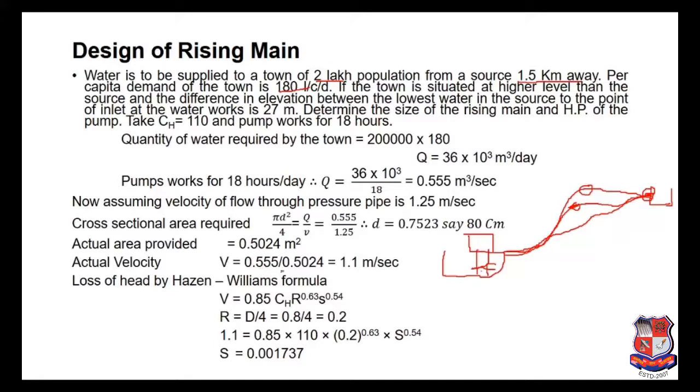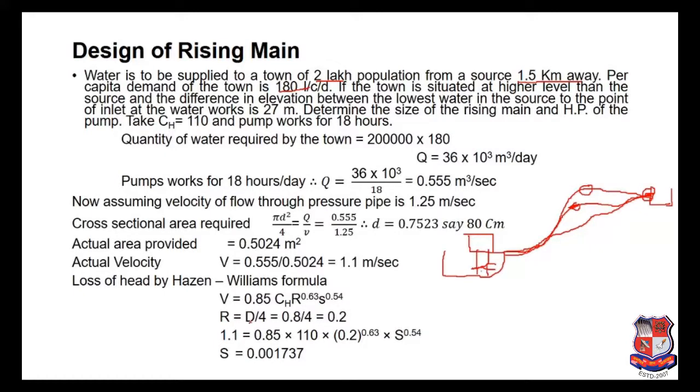So Q is 0.555 divided by 0.5024, which is 1.1 meter per second. This is velocity. Now loss of head by Hazen-Williams formula, V is equal to 0.85 CH into R to the power 0.63 into S to the power 0.54. We know this is Hazen-Williams formula. So R is D by 4, right?